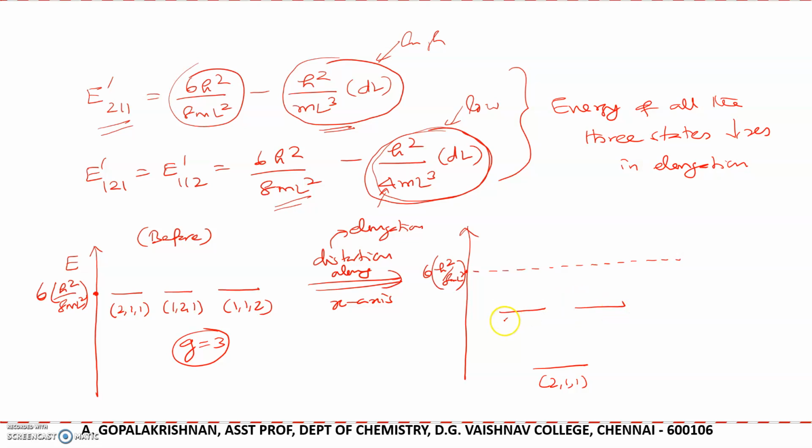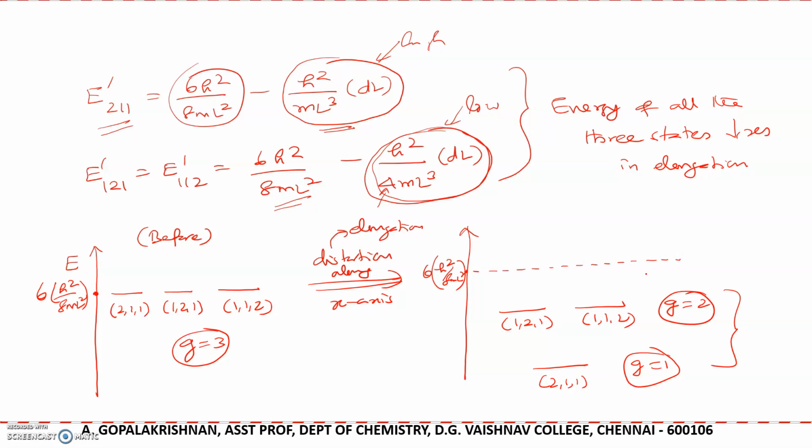But the 121 state and 112 state remain degenerate even after distortion. The original degeneracy is 3, but after distortion, degeneracy is not 3 for any of these levels. Degeneracy became 2 and 1.